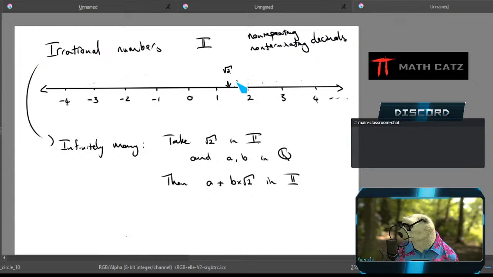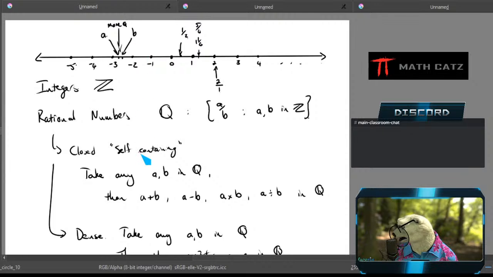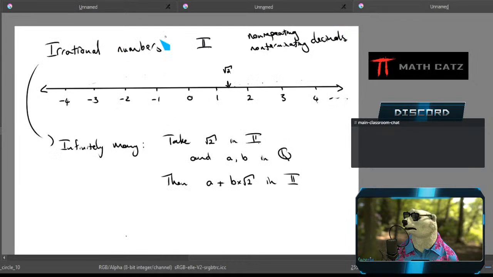There are also infinitely many irrational numbers, but there are way more of them than there are the integers, for example. How many times more? Infinity times more. That's how many. Yet, what makes it even more freaky is that the rational numbers were as dense as I could imagine them. Between any two, there's another fraction in there. There is no space. Yet, infinitely many of these other numbers are squeezed in here somewhere.